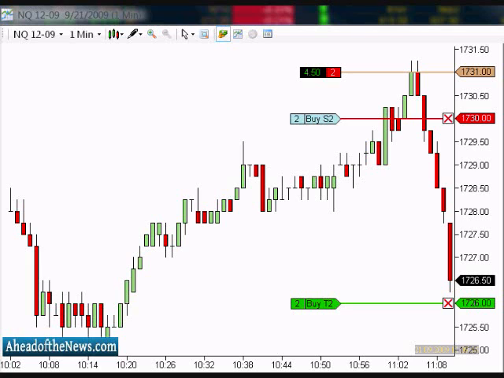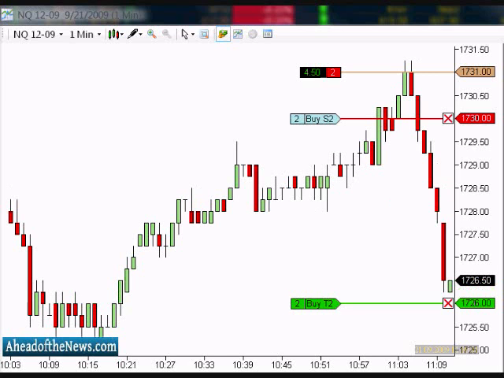If we get close like this and we don't hit it, I will exit the trade. Looks like we're missing it by just one tick here. So I will be booking this at 1726.75. If it doesn't come, let's give it one more second.